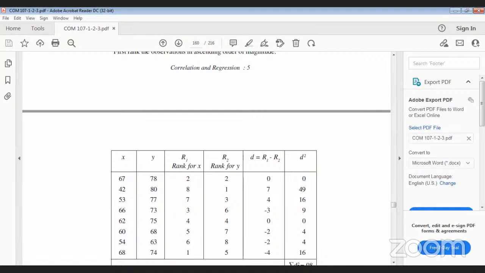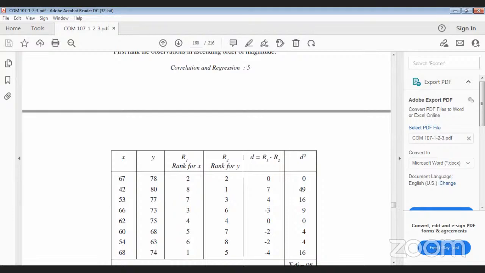Here numbers 1, 2, 3, 4, 5, 6, 7, 8 are there. Y is also given here: 78, 80, 77, then 73, then 75, 68, 63, and 74. Now here the ranks for x, R1, are 2, 8, 7, 3, 4, 5, 6, and 1. For rank 2 here: 2, 1, 3, 6, 4, 7, 8, and 5 here.